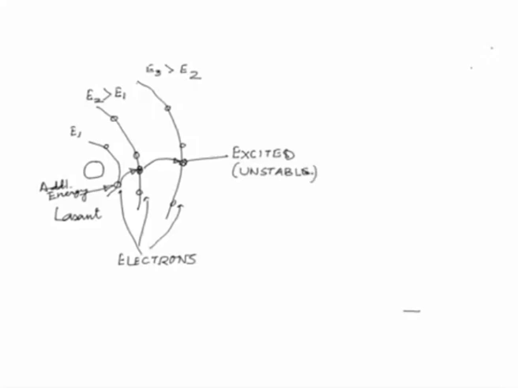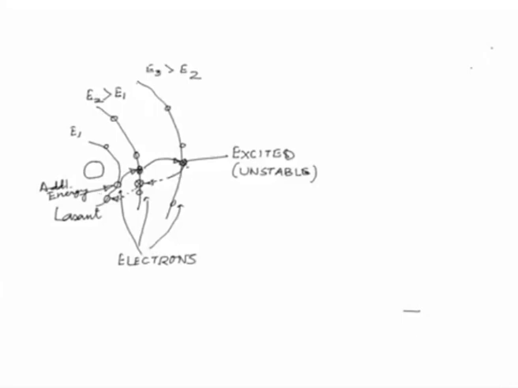Therefore, these electrons will always try to jump to the next lower energy level. They will always keep on trying this, and in turn try to come back to their original energy level.